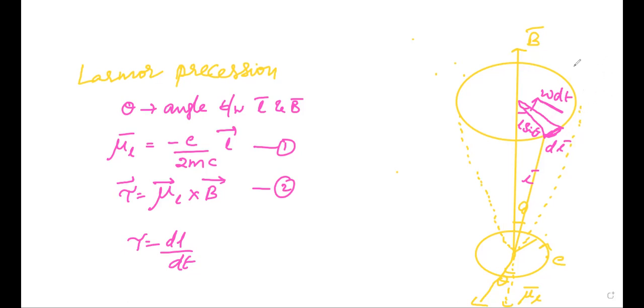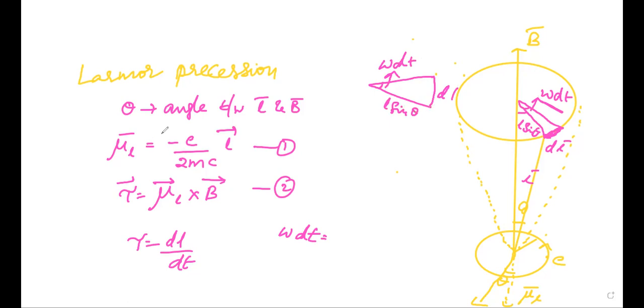This is dl, and this is L sin theta. So this is like a cone. So this is omega dt, this is dl, and this is L sin theta.